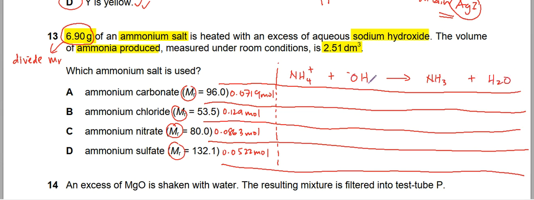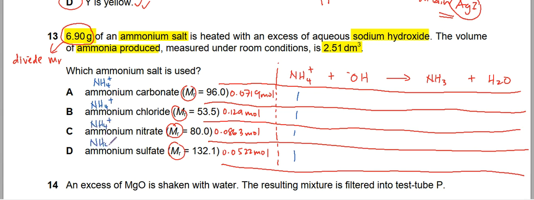So once the equation is done, we can take a look at the expected ratio. If we start with 1 mole of each, we know that ammonium is +1, the charge.